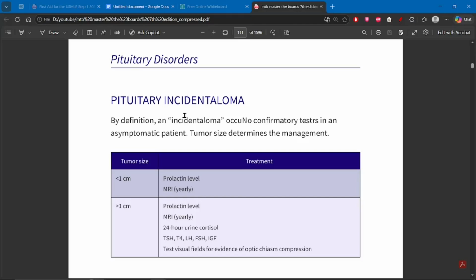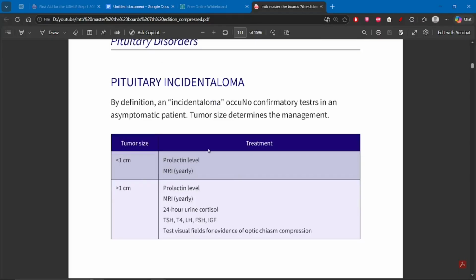But as the patient is asymptomatic, we would not do any confirmatory tests. So this is known as pituitary incidentaloma, incidentaloma being the reason that the tumor was discovered incidentally.